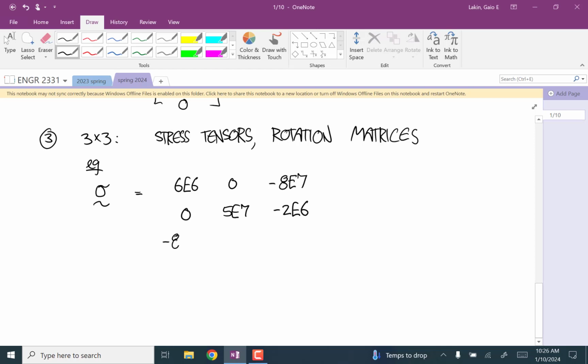And then negative 8 times 10 to the 7, negative 2 times 10 to the 6, negative 5 times 10 to the 7. And that has units of Pascal, like pressure.